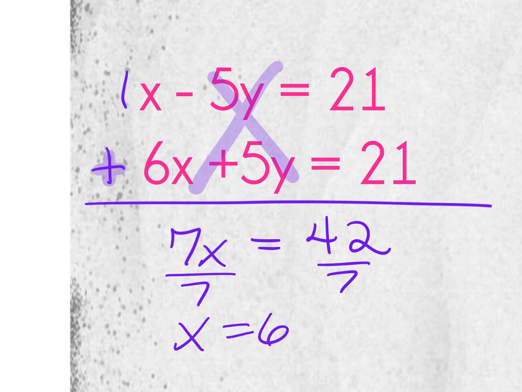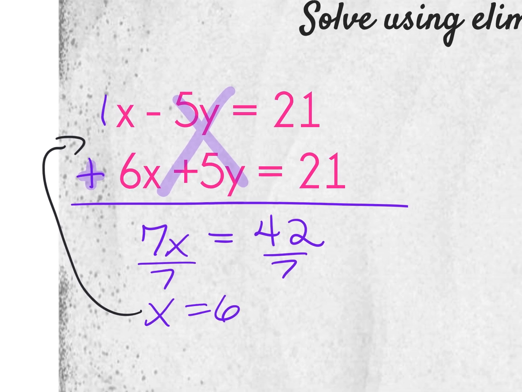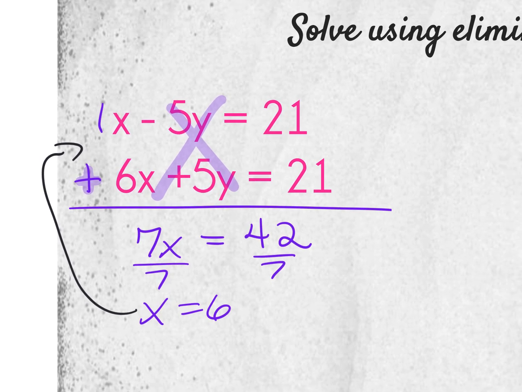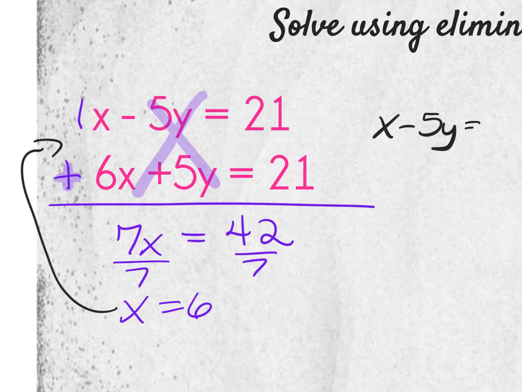I now take what x equals, and I need to plug it back in to one of the originals. Again, it doesn't matter. I'm going to plug it into the first one. The x minus 5y equals 21. Replace x with 6, because that's what I just found it to be.